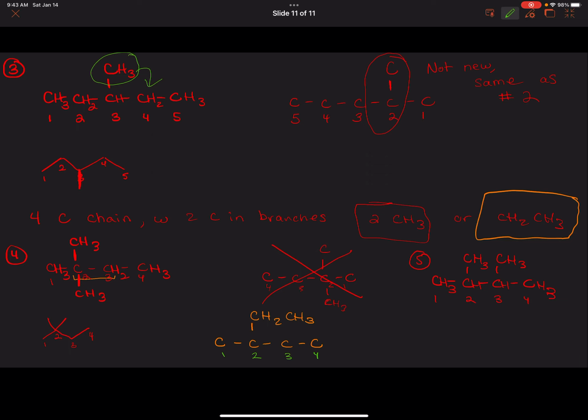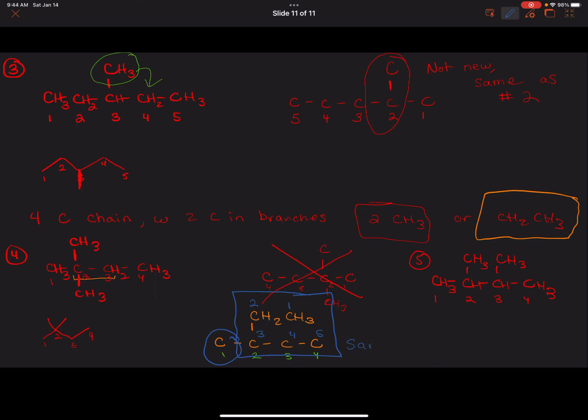But we want to find our longest continuous chain. And that may not always be straight across. We have to check through what looks like our branches. And if I go through what looks like my branches, I have 1, 2, 3, 4, 5 carbons. This is my longest continuous chain. And this would have a branch on carbon 3.